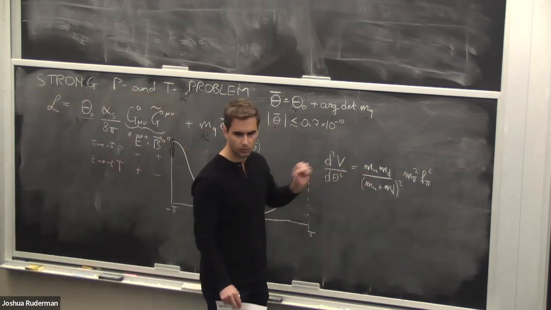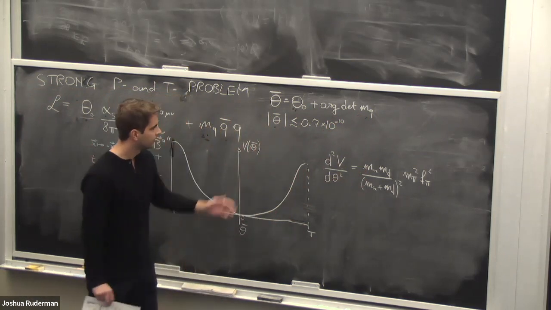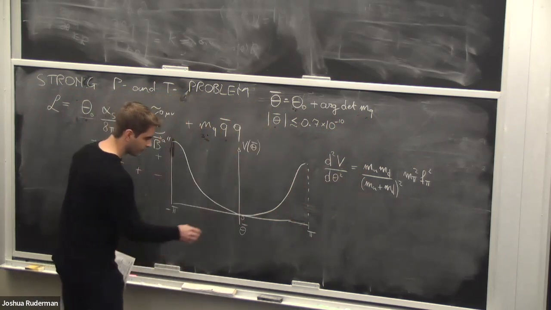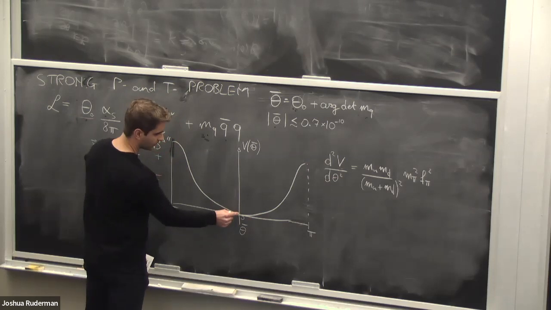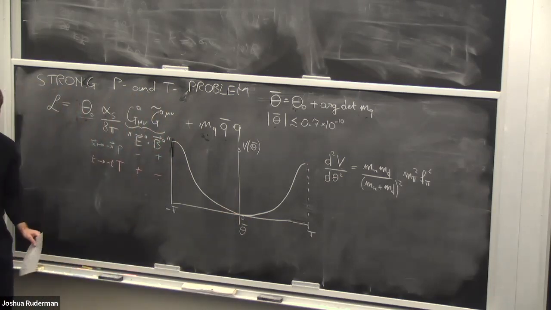However, we know that the up quark mass is not zero, therefore this is a puddle. So we live exceedingly close to here.